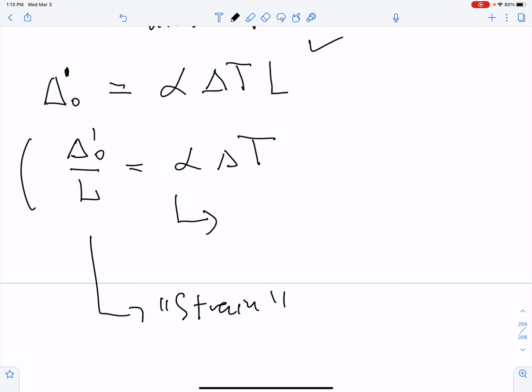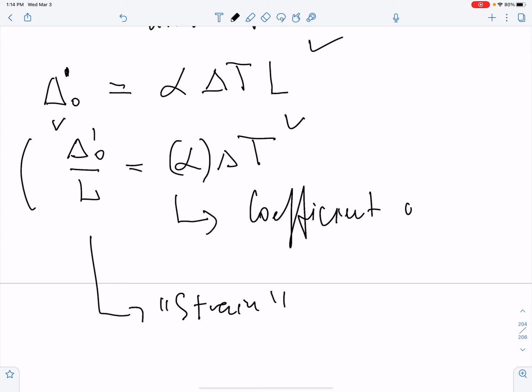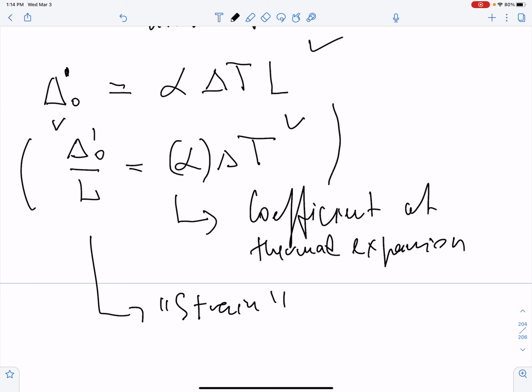And the relationship between the strain and delta T is linear, and the proportionality coefficient is exactly the coefficient of thermal expansion. Okay, it gives a relationship between temperature change and strain developed in the bar.